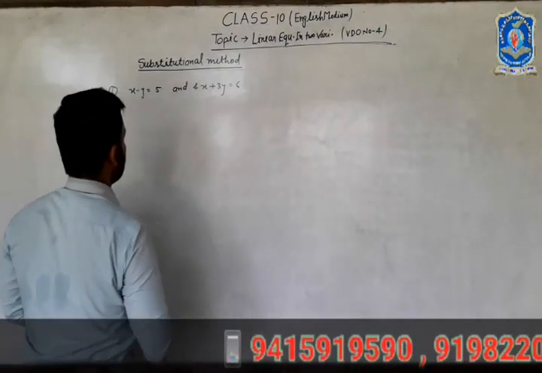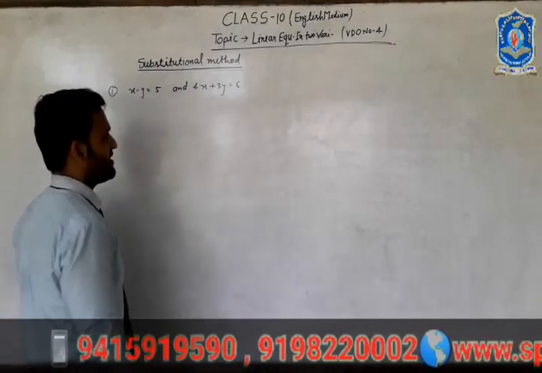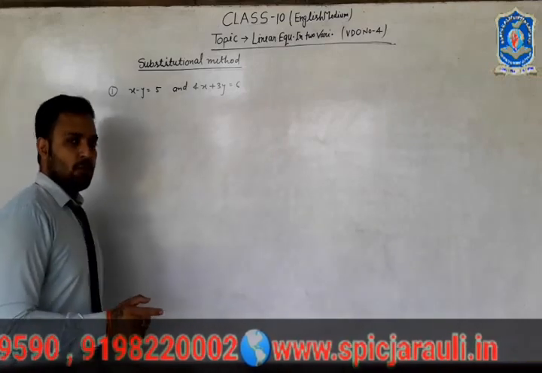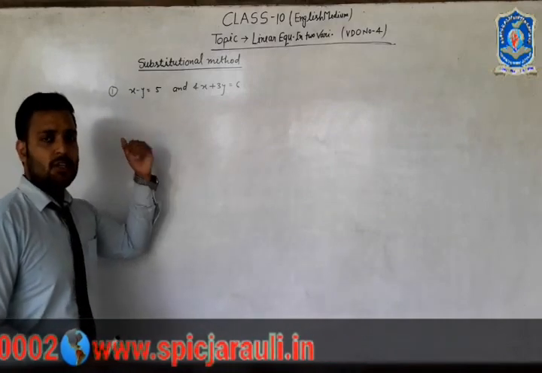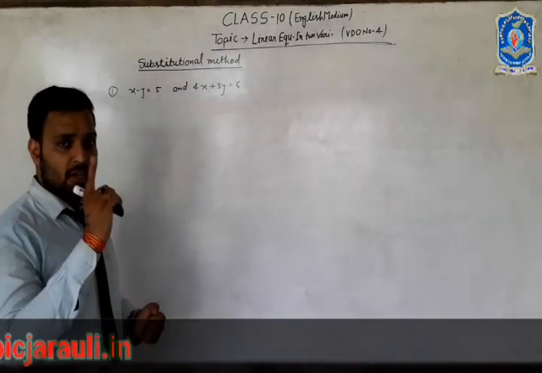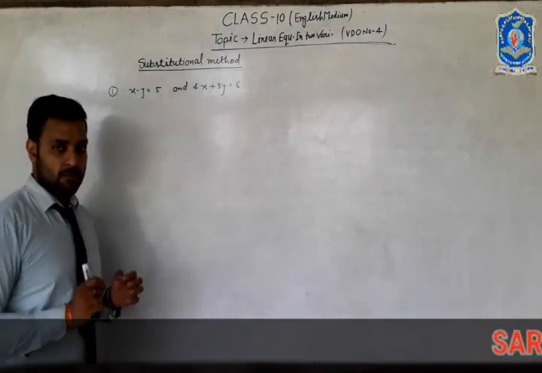x minus y is equal to 5 is your first equation and 4x plus 3y is equal to 6 is your second equation. You are free to choose any equation, first or second.